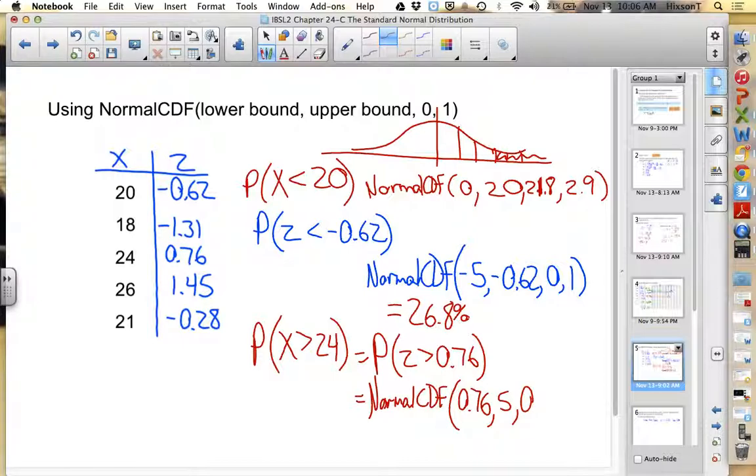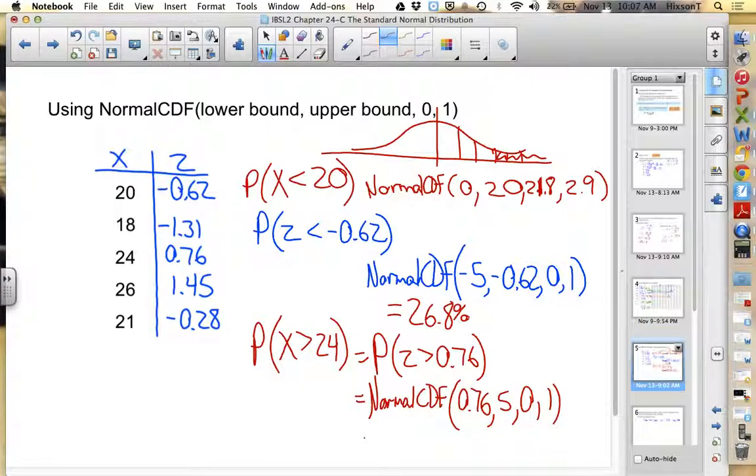So we use that again. We use 0 and 1. Okay. Now this one is a greater than problem. So how do we do the greater than part? Oh wait, I'm sorry. That will give it to us. I was thinking table again.